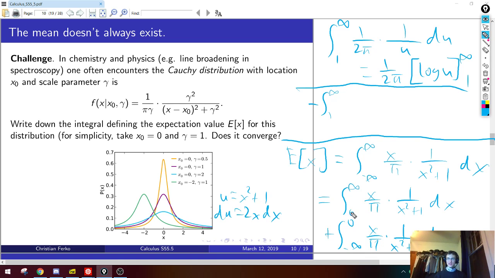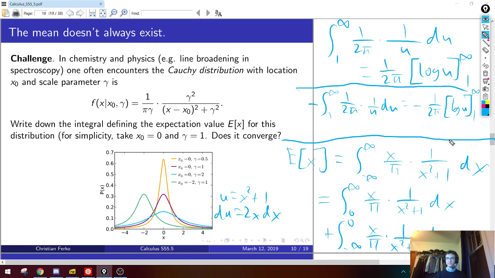Good. This is the same one, 1 over 2 pi times 1 over u du, which equals overall negative 1 over 2 pi, brackets, log u from infinity to 1.